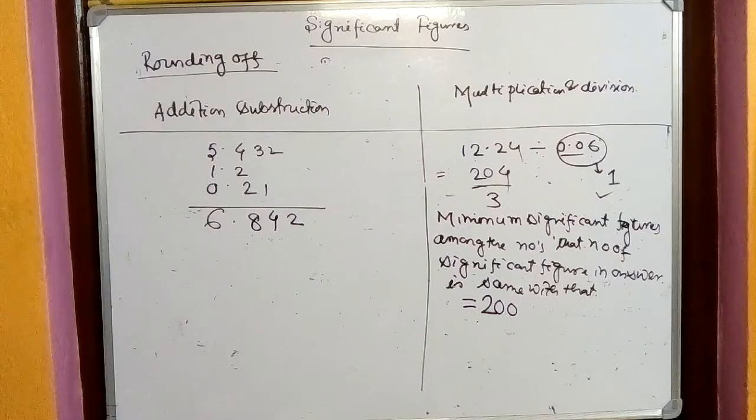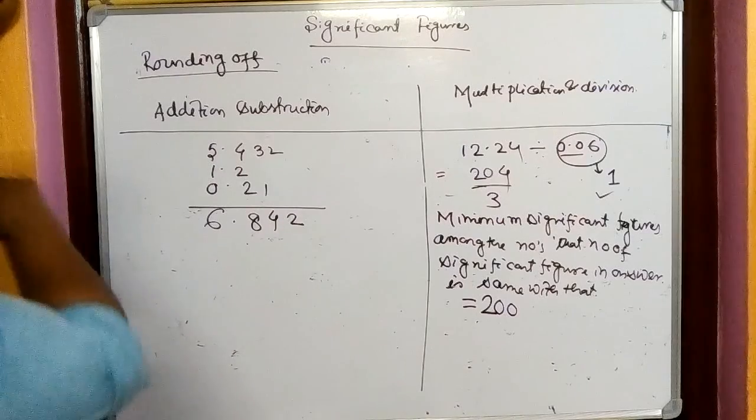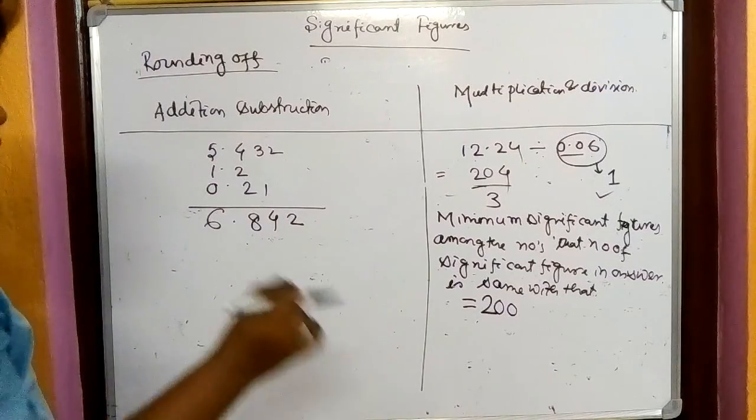You will think that it should be the answer, but there is a problem. What is the problem? Here also, for rounding off, we have to follow a rule. What is that rule? Is it the same as multiplication and division? No, there is a little difference.